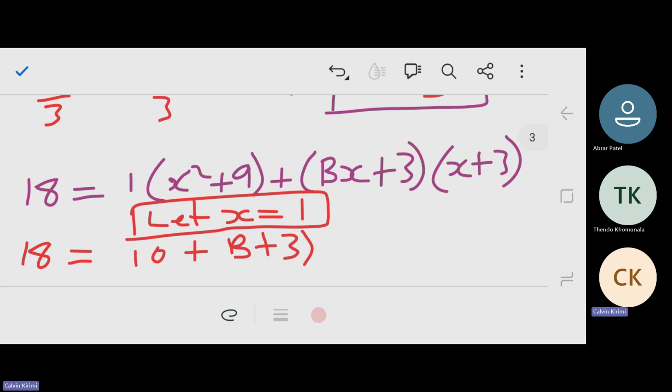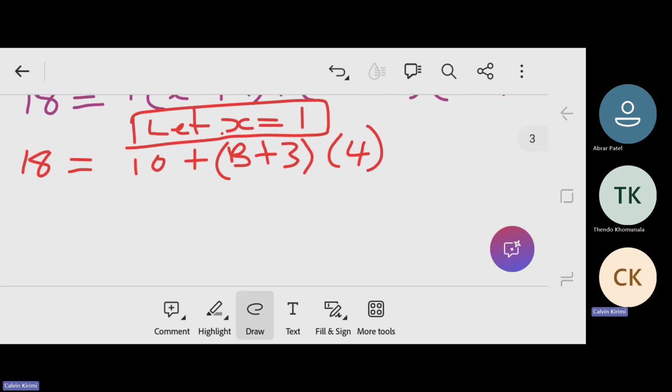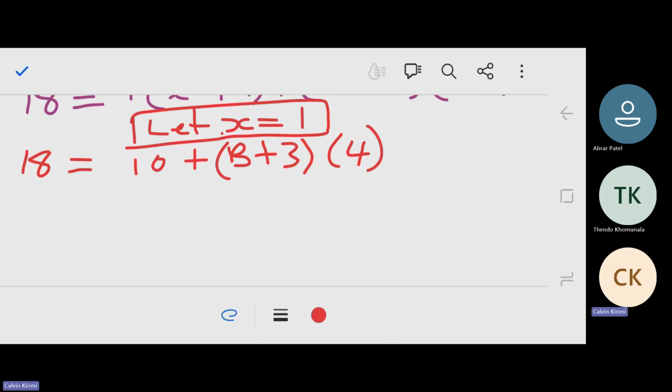So we want to know what is the value of that b. So then we continue. We are going to say 18 minus 10 is equal to 4b plus 12.